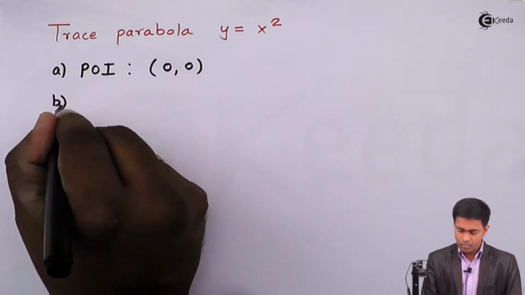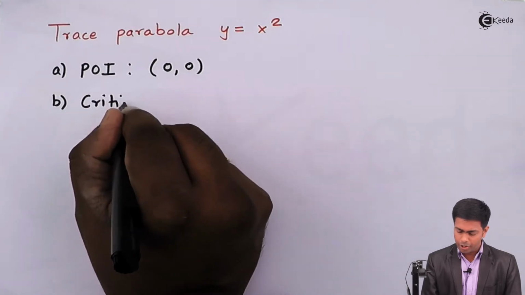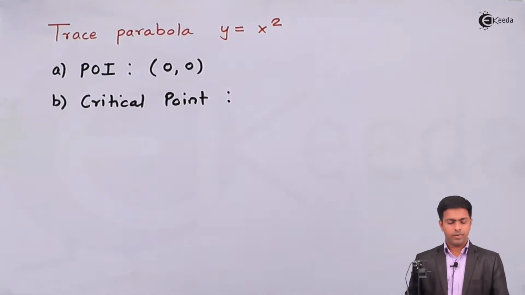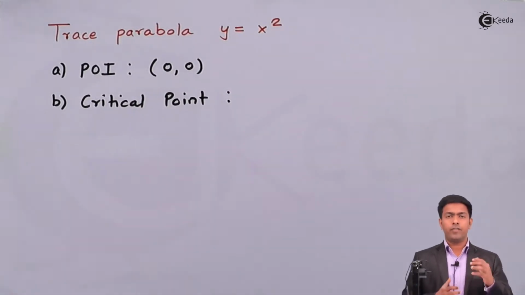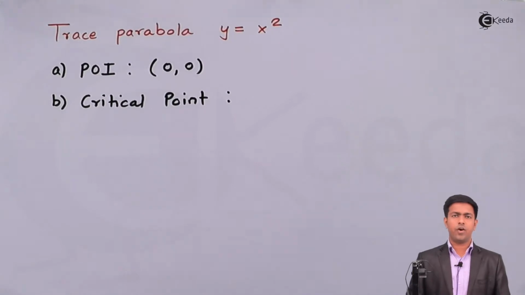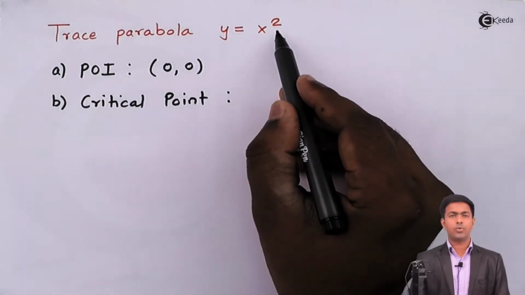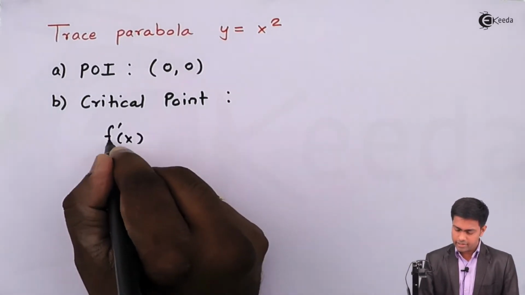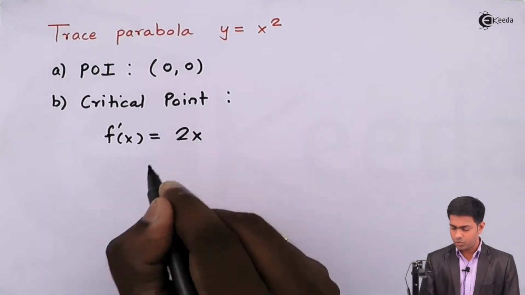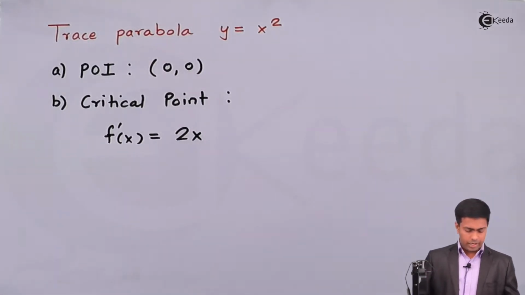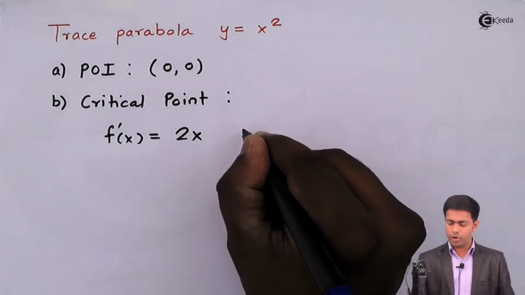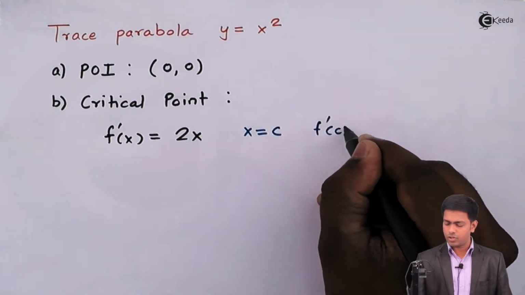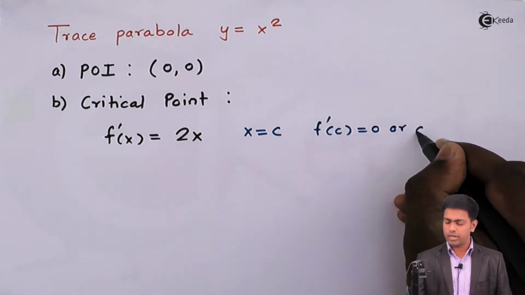Second, let's see the critical point. How do we get the critical point? For the critical point, we find the first derivative of the curve. Your curve is y equal to x square, so f dash of x is nothing but 2x. I told you the definition: a critical point x equal to c is a point at which the value of f dash of c is either 0 or does not exist.